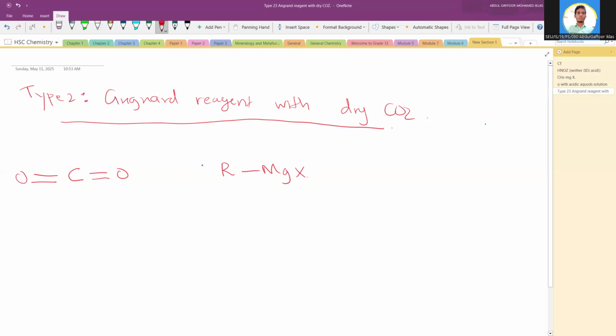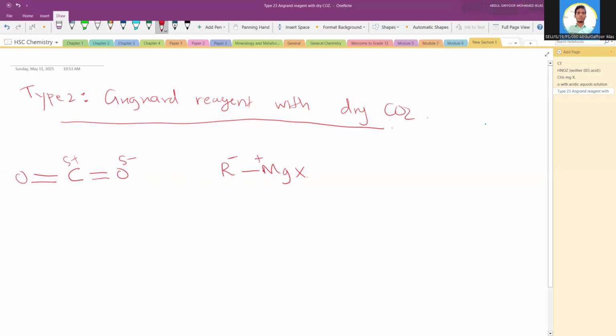Since oxygen is more electronegative than carbon, here delta minus will be formed, and here on carbon delta plus will be formed. In the Grignard reagent, magnesium will have a plus charge, because magnesium is a metal.